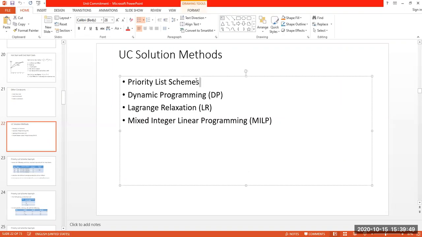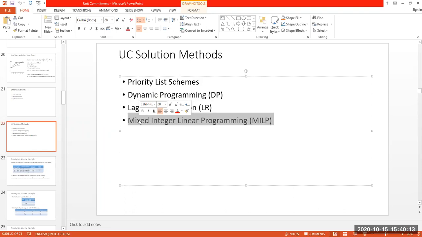So now, what are the solution methods? Very older, pretty ancient methods are probably the priority list schemes. Then historically, dynamic programming was used, which are the first two we will take in this course. But of course, we also have Lagrangian relaxation. You can go for mixed integer programming, as we said in the previous lecture.